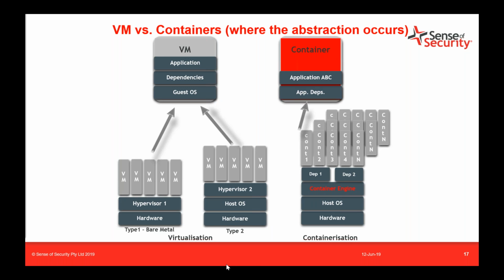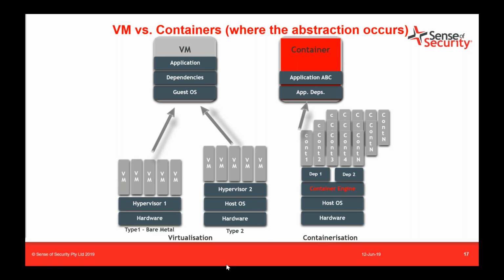If we look at the left-hand side, we can see that the hypervisor is the point at which the abstraction occurs in your traditional bare metal or type 2 virtualization system. That means that each individual virtual machine is actually delivered a slice or a component of the physical hardware. That means that the abstraction is occurring at the hardware layer and is delivered through the hypervisor.